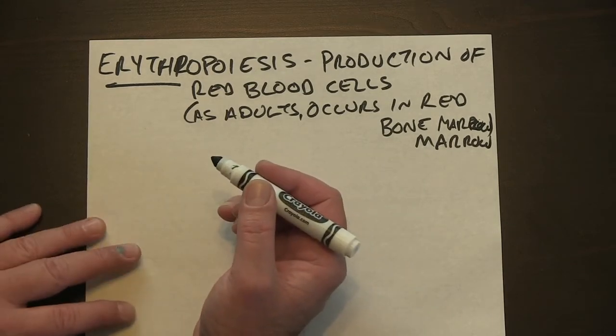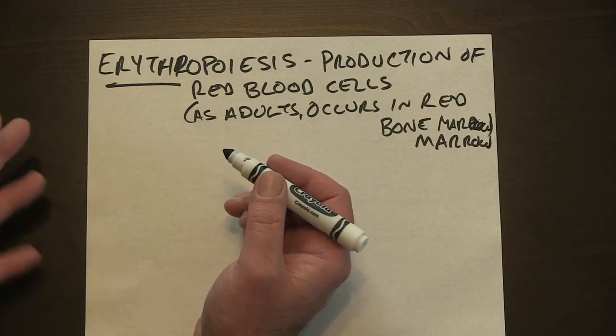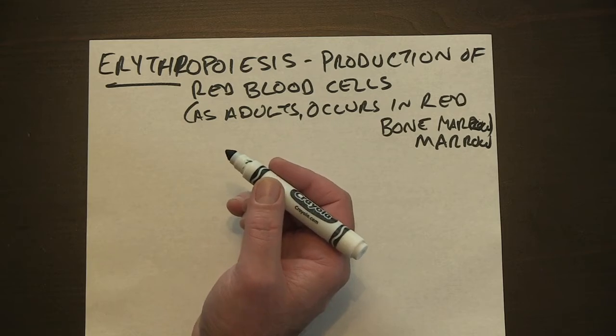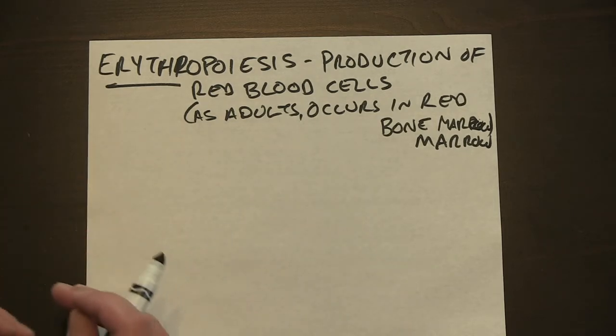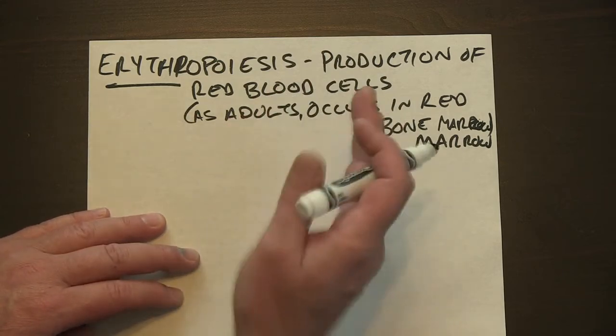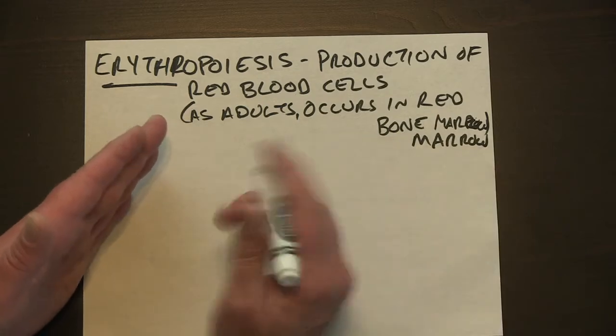So we've talked about stem cells that are basically unspecialized, undifferentiated cells that can turn into almost whatever they want. So before they're red blood cells, there's sort of a midway point between a true stem cell and a red blood cell.